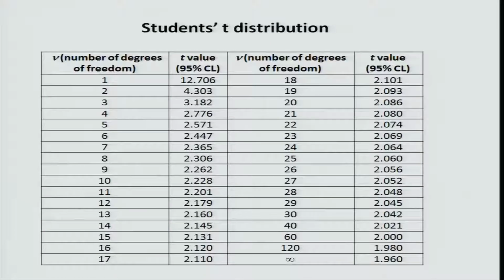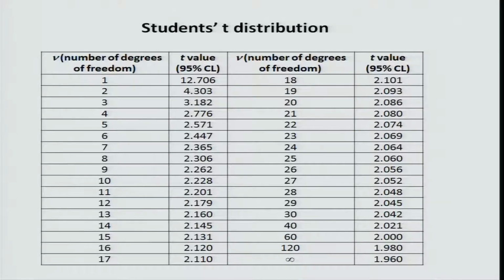Here is a table of the student's t distribution. As you can see, this is the number of degrees of freedom, and this gives you the corresponding t value at 95% confidence interval, and so on. It goes from 1 onwards up to 120, and then finally for a very large or infinite value, the t should correspond to the z value for the normal distribution, which, as you know, is 1.96.